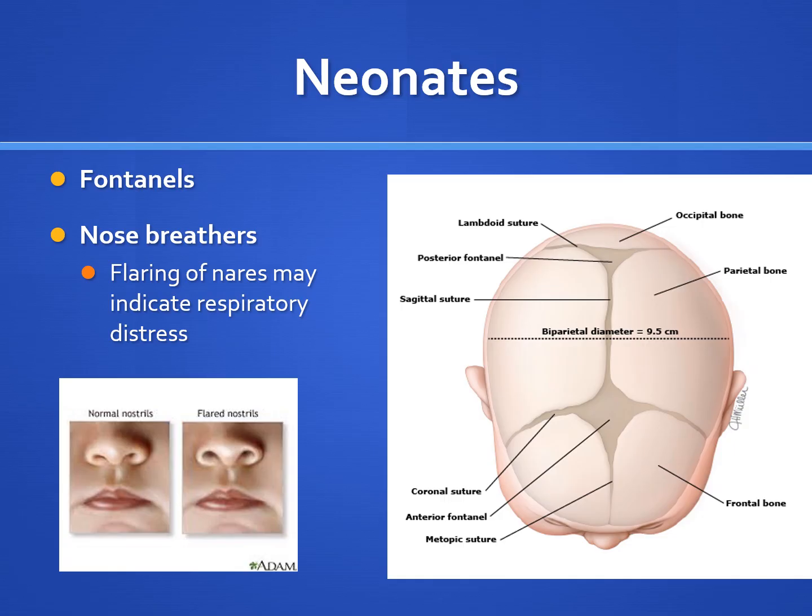We are assessing them for that they are flat and soft, which is normal. If they become sunken, we're thinking about dehydration. If they're bulging, we think about increased intracranial pressure. But you'll learn more about this when you get into maternity and pediatrics next semester, or whatever semester you will have maternity and peds.